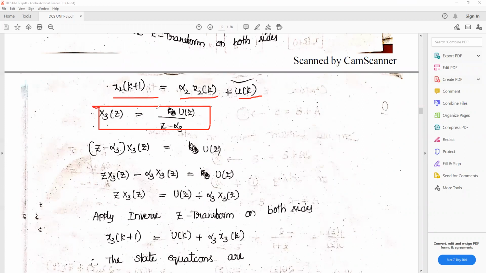And the last, x3 of z is equal to u of z by z minus alpha 3. So u of z is equal to z minus alpha 3 into x3 of z.